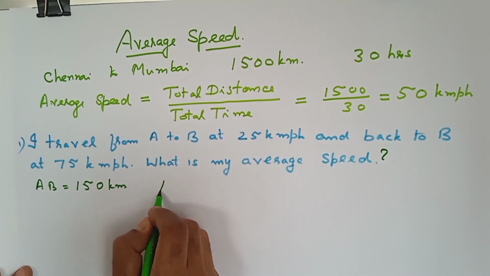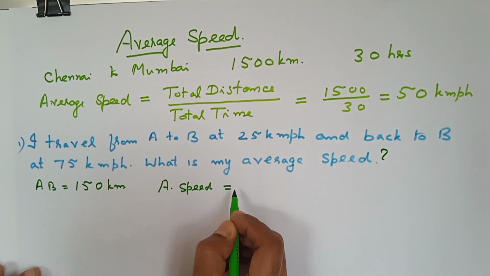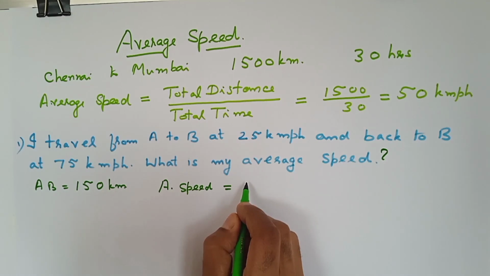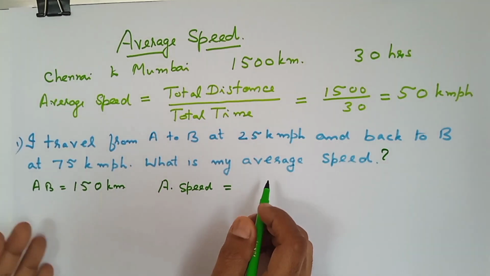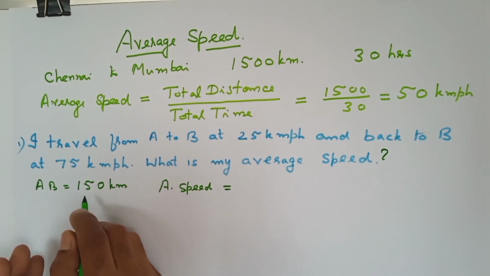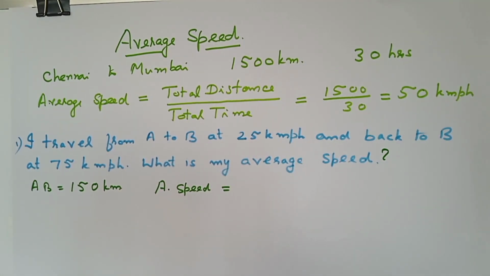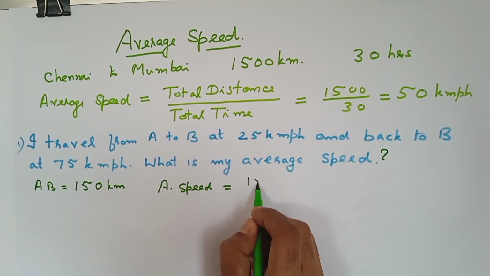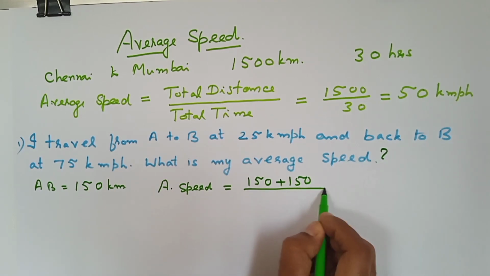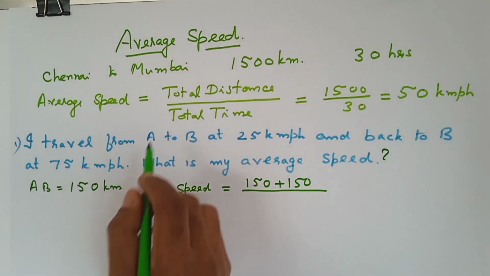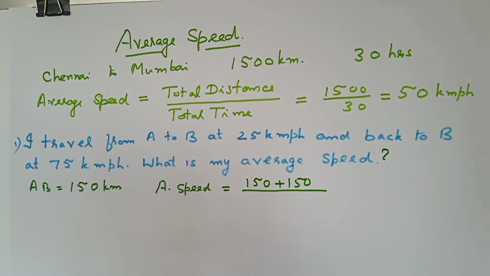And you're working out average speed. That's equal to, see, as you know, total distance divided by total time. So how much is the total distance in this case? On the assumption of AB being 150, he is going from A to B and then back to A. That means totally he covers 150 plus 150. This is the total distance he covers, divided by total time. So for each stretch of journey, let's calculate the time separately.